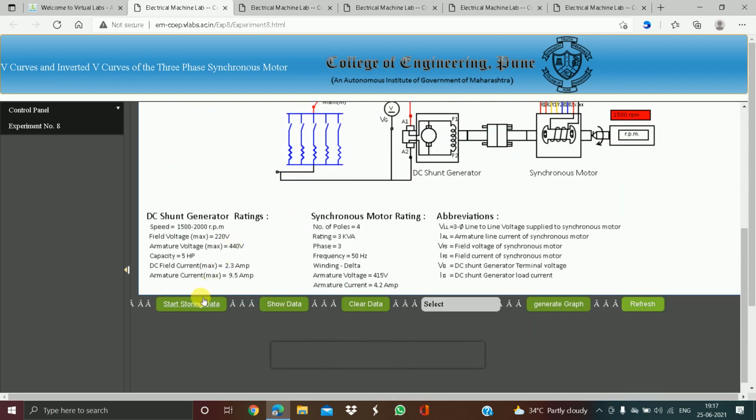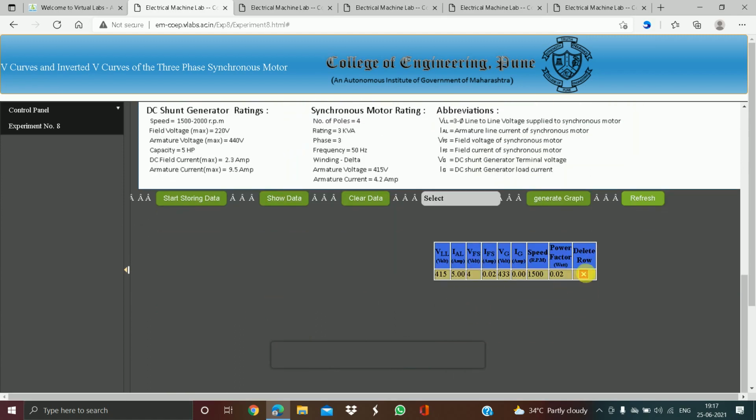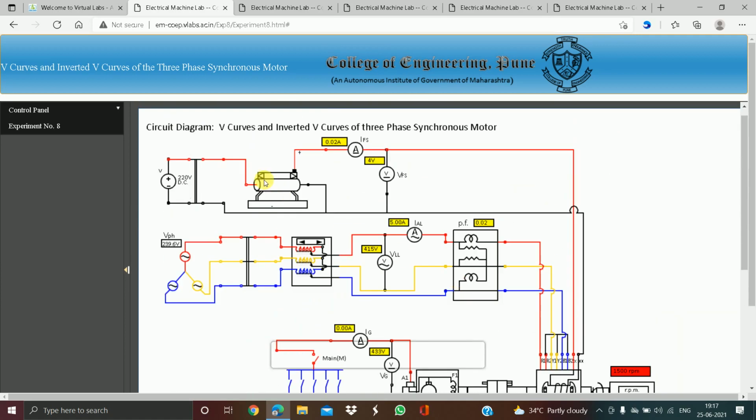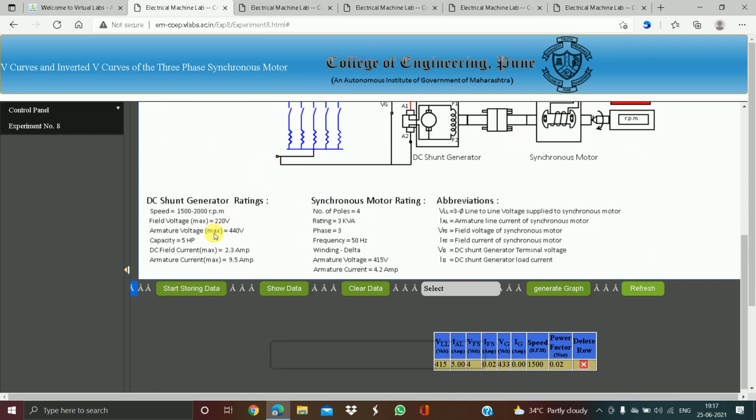After taking that, we need to store this data and show data. You can see that the initial reading has been stored and shown. Likewise, we are going to do it for several readings.